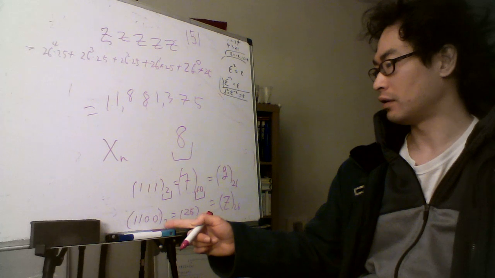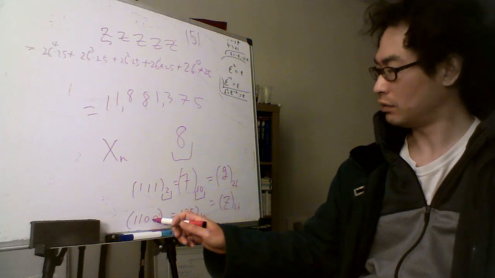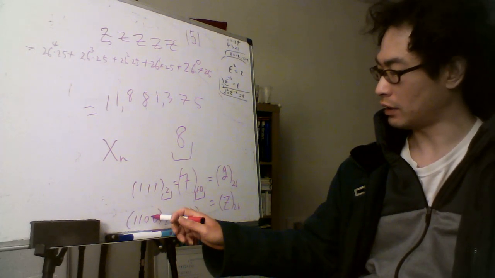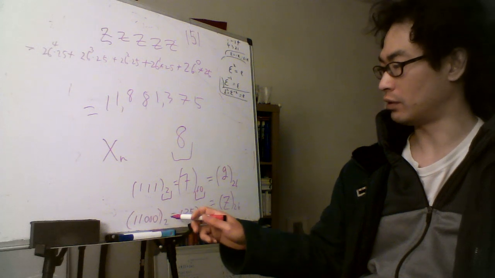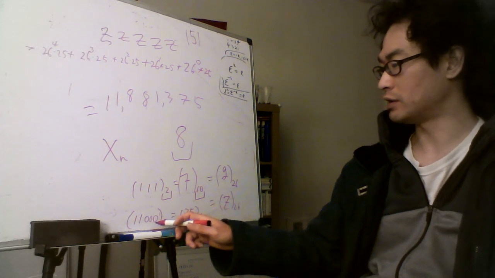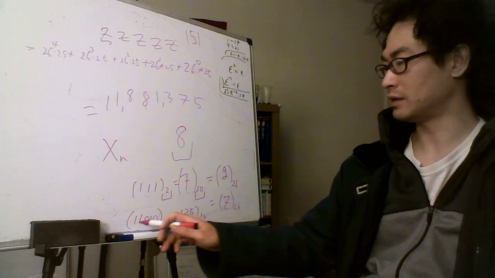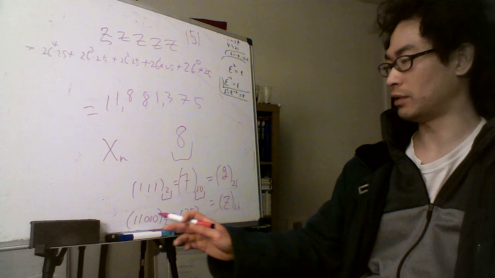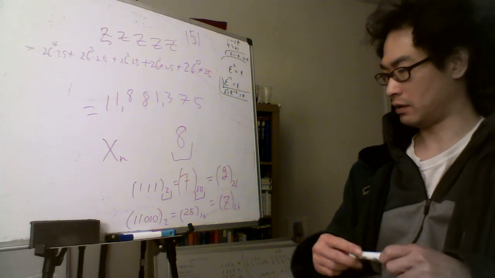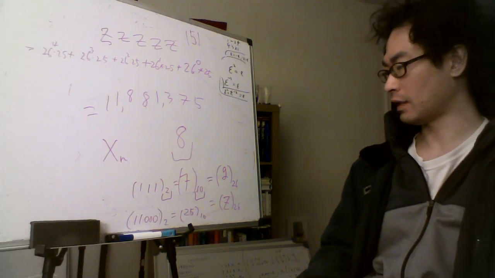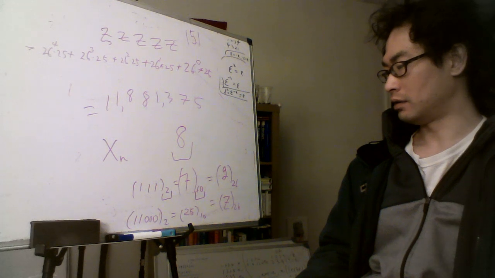So maybe one more zero. Yes, 11000. That's 25 because you have 1, 2, 4, 8, 16. So 16 plus 8, 25. Okay, you got it.